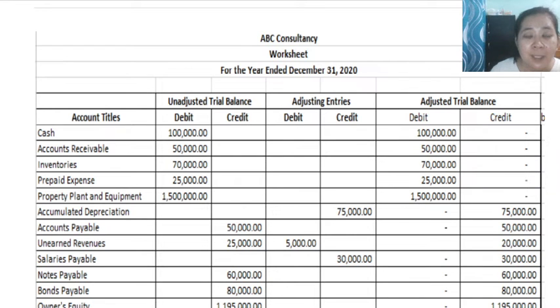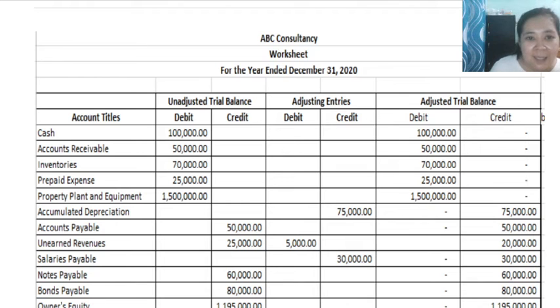Just like your T account, we follow the side which has the greater balance. Since the credit has a greater balance than the debit, it is placed under the credit side. So unearned revenues of 25,000 was deducted by 5,000, and our adjusted balance is now 20,000 credit.